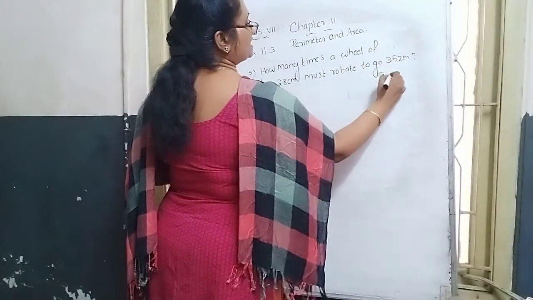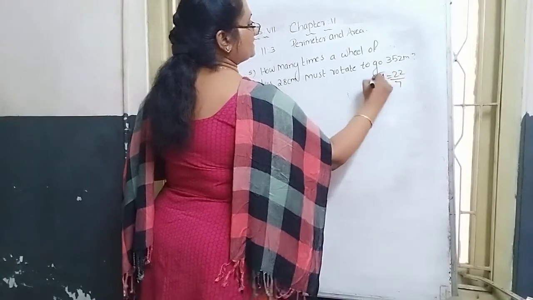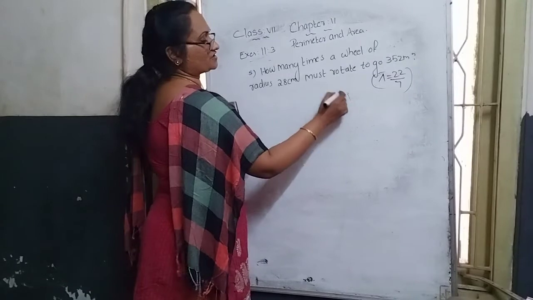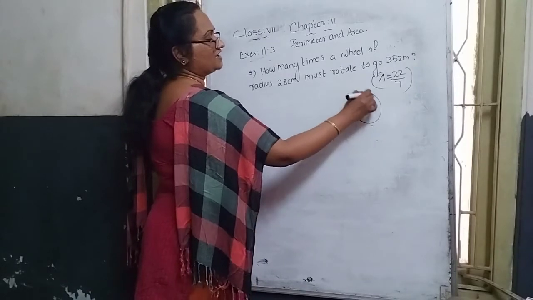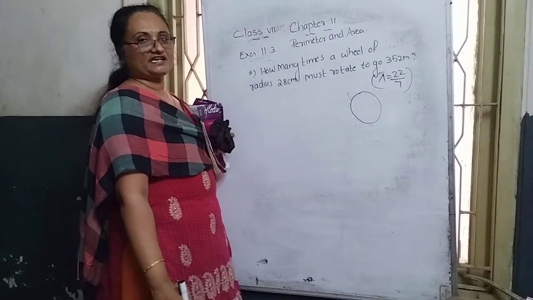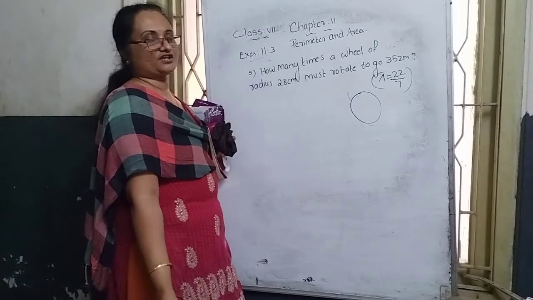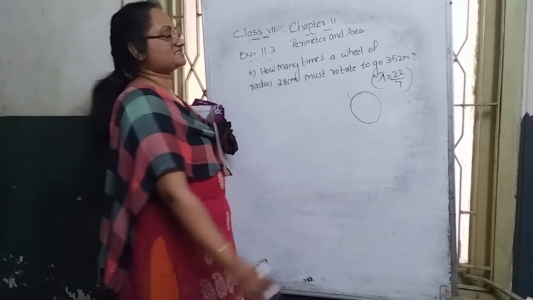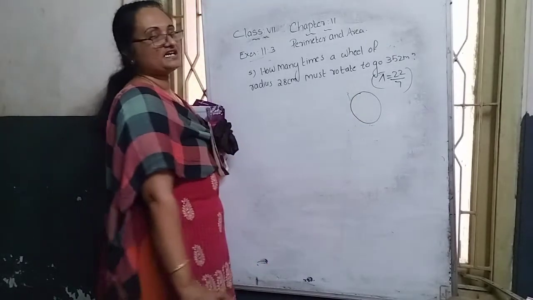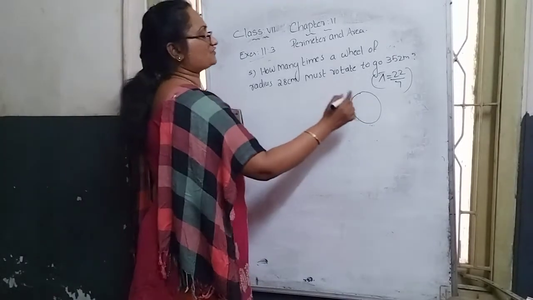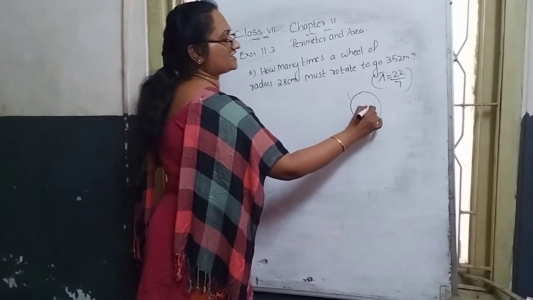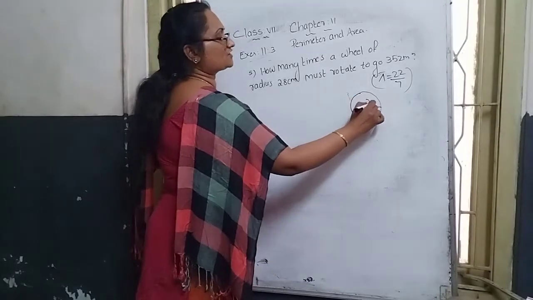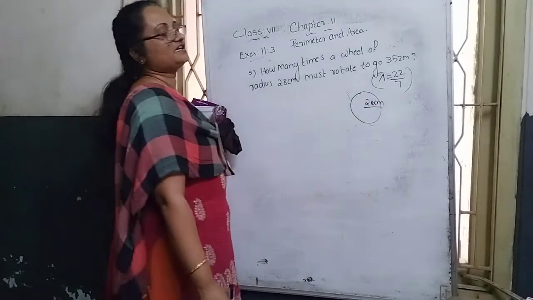Take the pi value as 22 by 7. Here the wheel is usually a car wheel or a cycle wheel. What is the shape of the wheel? Car, cycle or bus wheel, any wheel, is in the shape of a circle. The radius of this wheel is given as 28 centimeter.